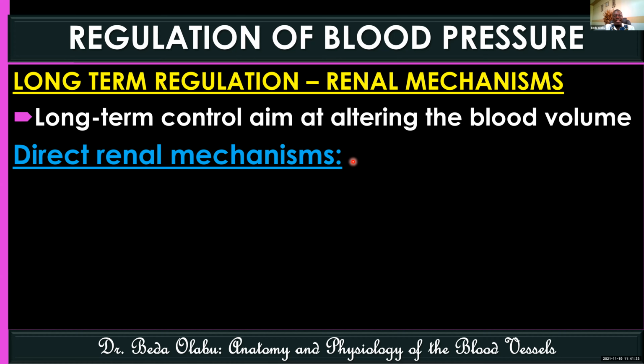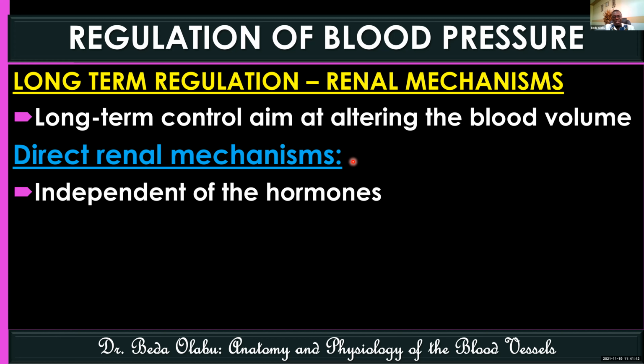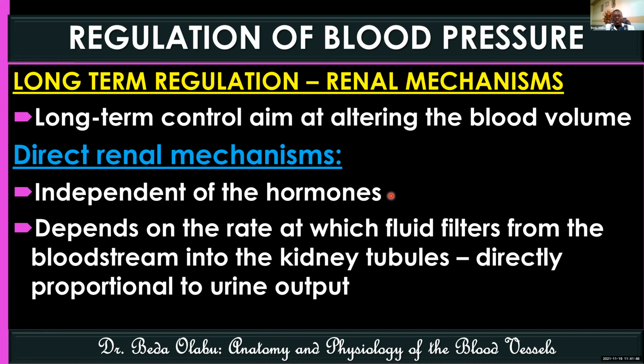There's what we call the direct renal mechanisms and the indirect renal mechanisms. Let's start with the direct renal mechanism. The direct renal mechanisms do not rely on the hormones, but they depend on the rate at which fluid is filtered from the bloodstream into the renal tubules. Let's think through that.